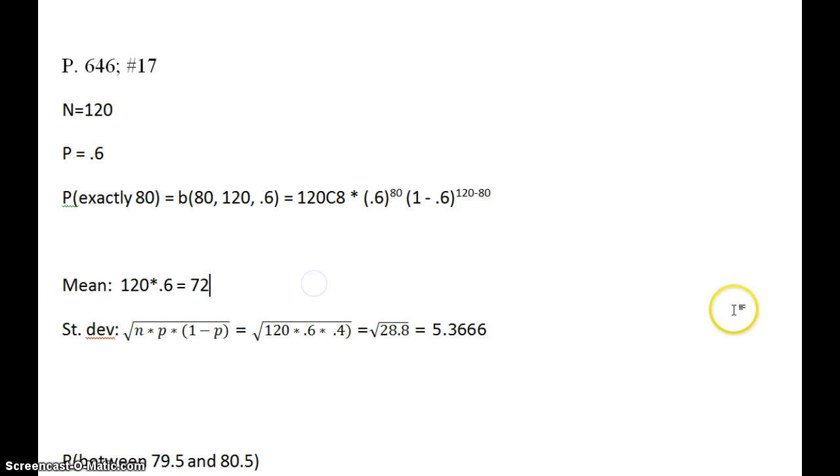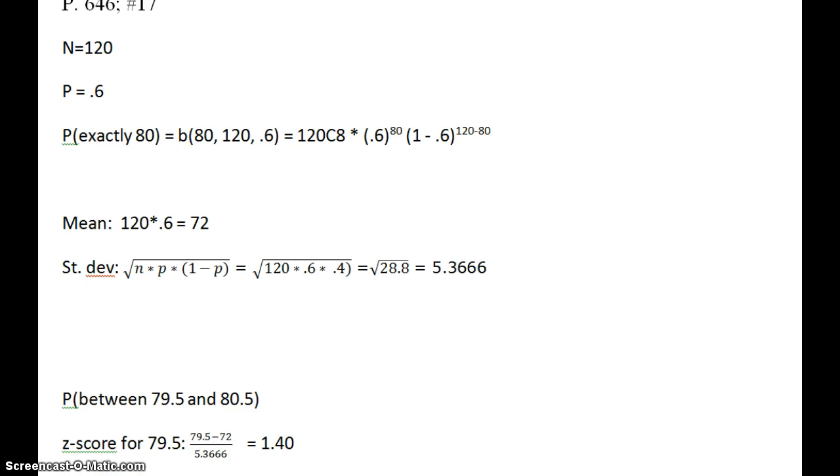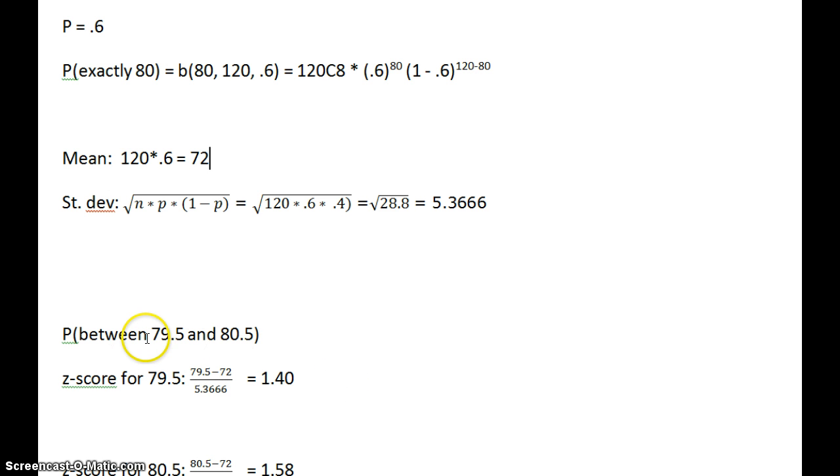So again, we're going to want to approximate using that chart full of probabilities rather than plugging straight into the binomial equation here. So remember, when we approximate, we always adjust by half a step. So for exactly 80, we're going to adjust by going a half a step below and a half a step above and finding the probability in between that range, because 80 is right in between those two adjusted numbers.